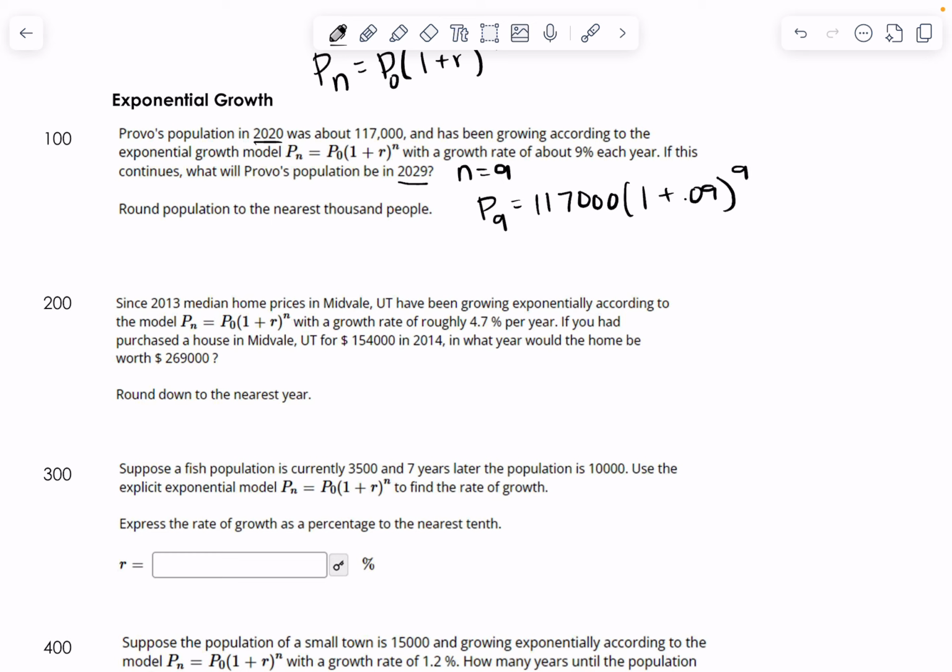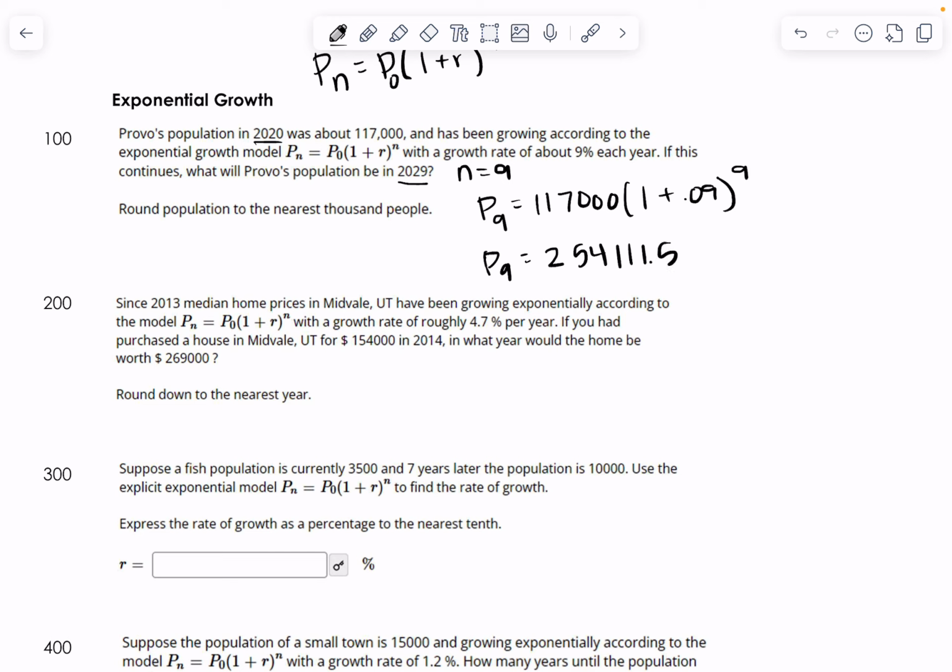When you type that in your calculator, I got 254,111.5.